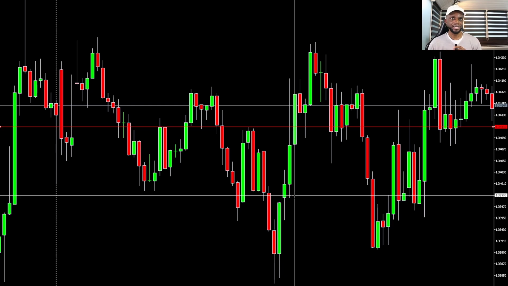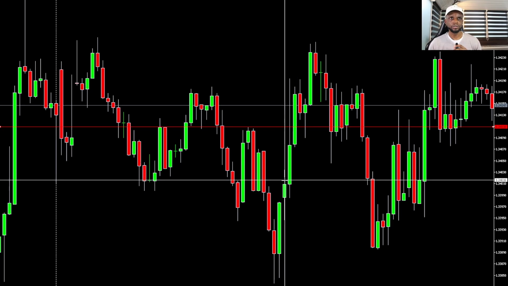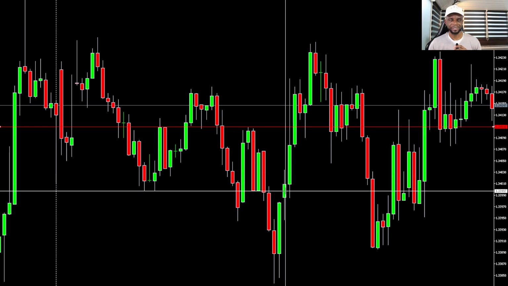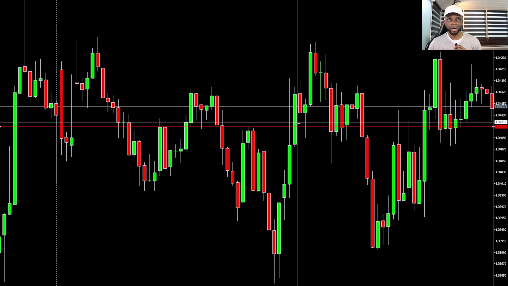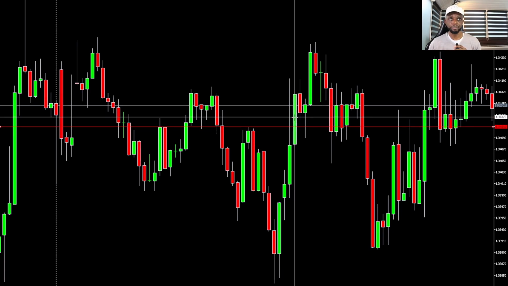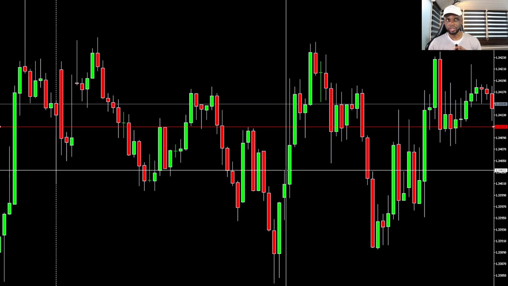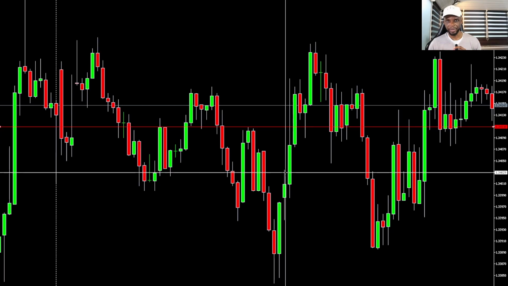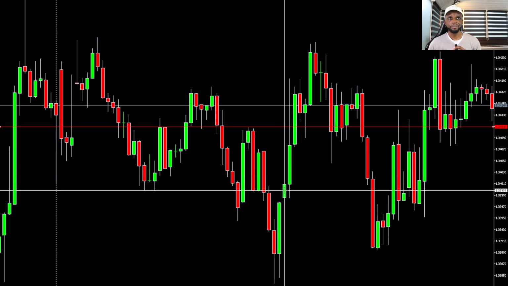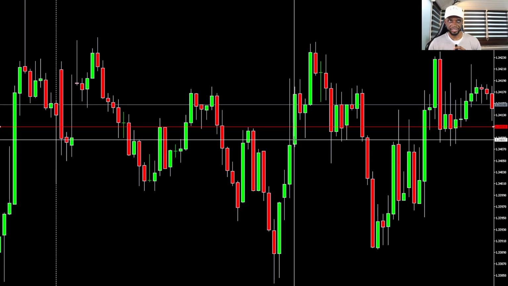Now, when you say a market is balanced, it means when price paints a bar like this and then paints another bar like this going up, and then on the third bar, before the third bar completes, it would come back down to touch the top wick of the first bar. So let's call this bar 1, bar 2, bar 3.